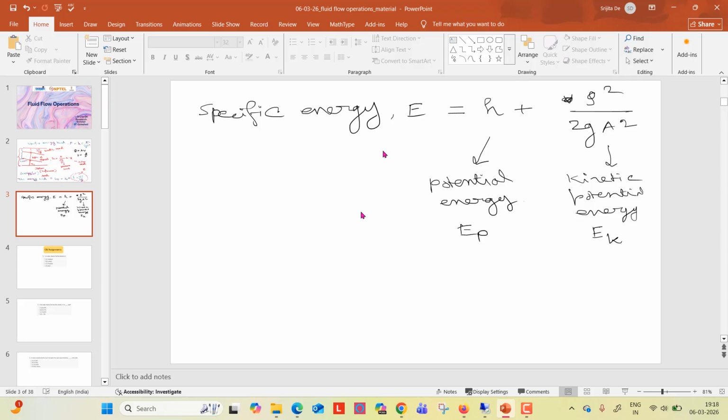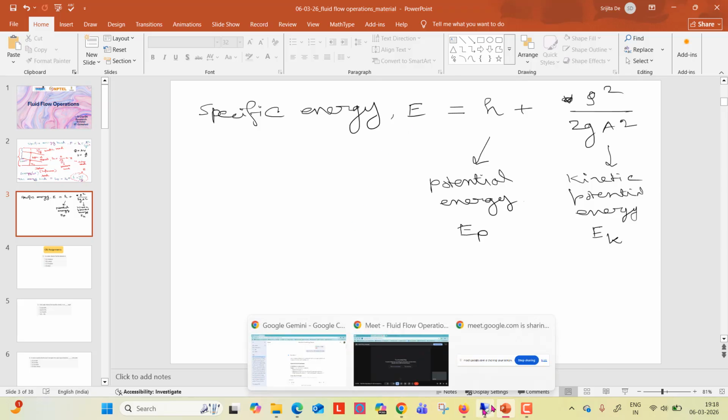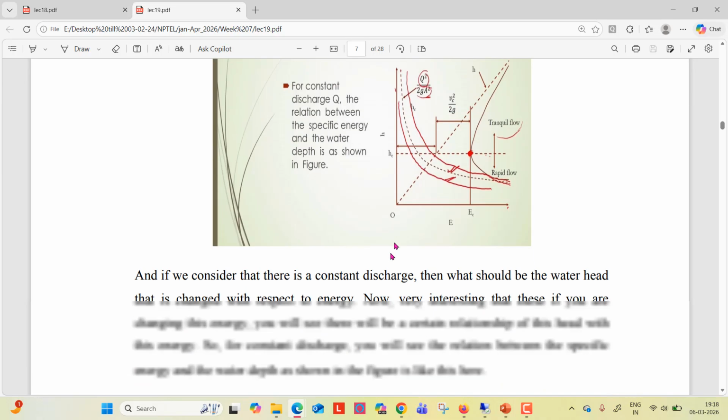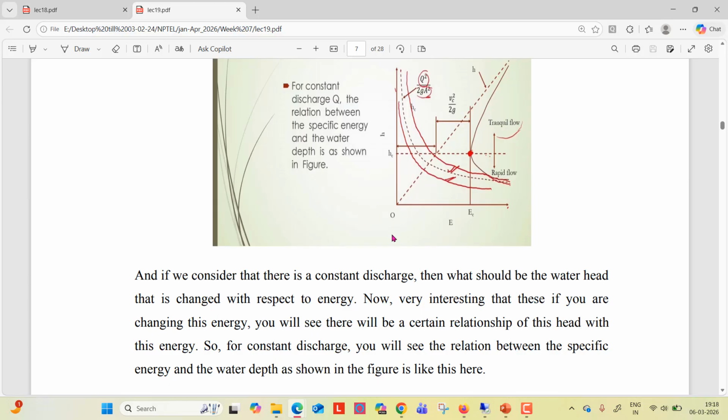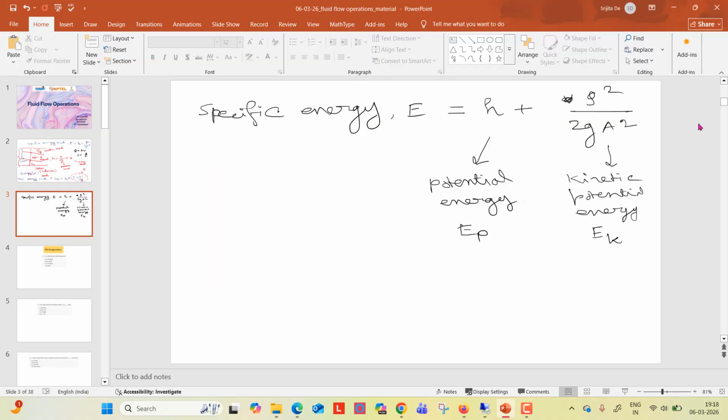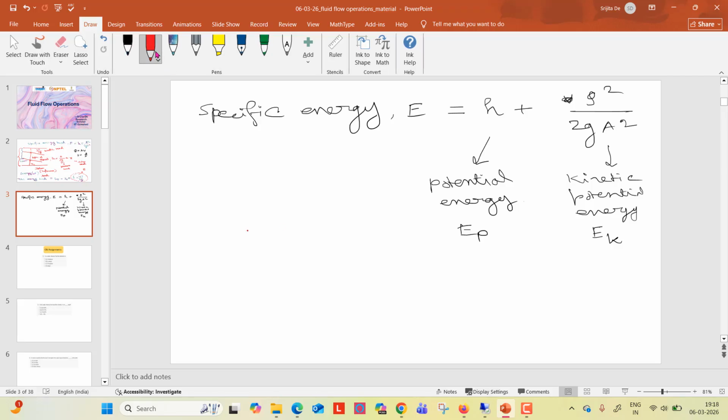Okay, so now there is a graph. It is a graph of energy. This is called the energy curve. What I am going to draw is the energy curve.